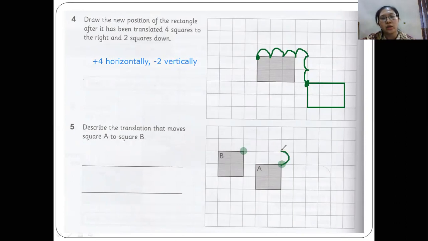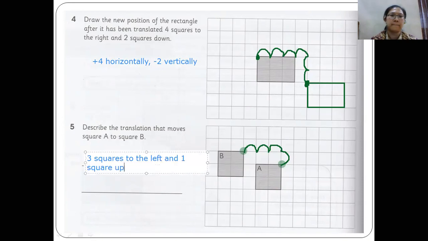And then it's going to the left. 1, 2, 3 squares. It's 3 squares to the left and 1 square up. So you can describe it as 3 squares to the left and 1 square up.